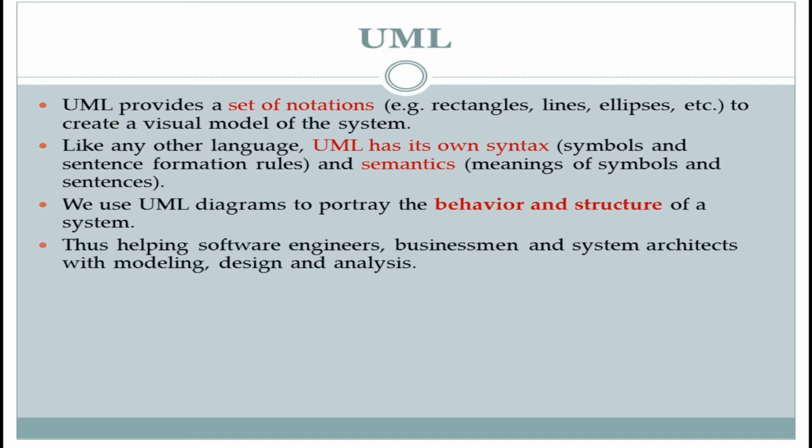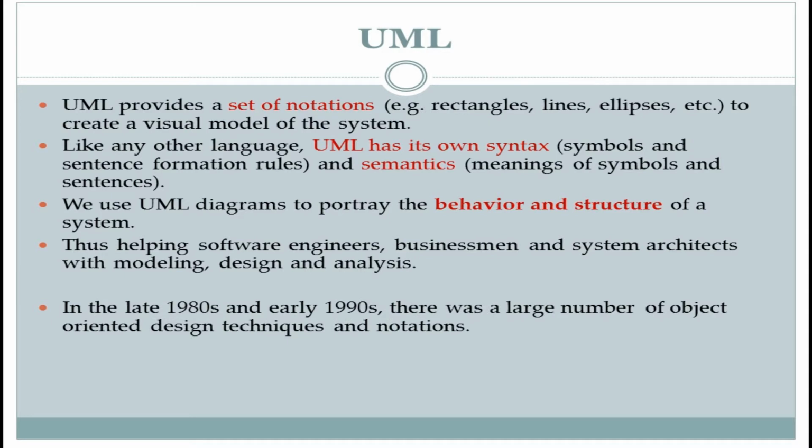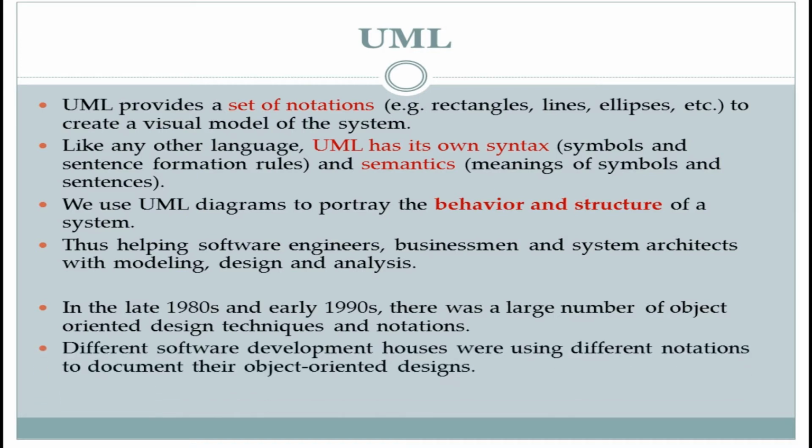UML helps software engineers, businessmen, and system architects with modeling, designing, and analysis of a proposed system. Now, going directly to the concept, we will see some facts regarding UML. In the late 1980s and early 1990s, there were a large number of object-oriented design techniques and notations.